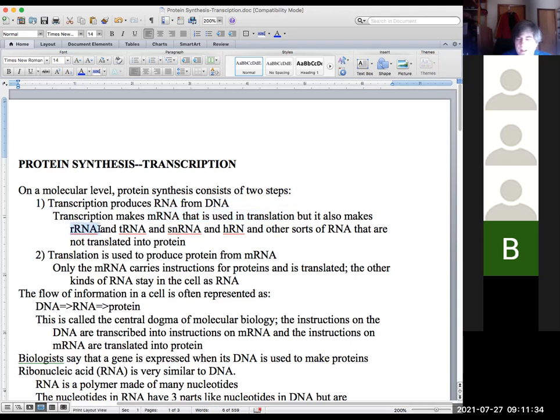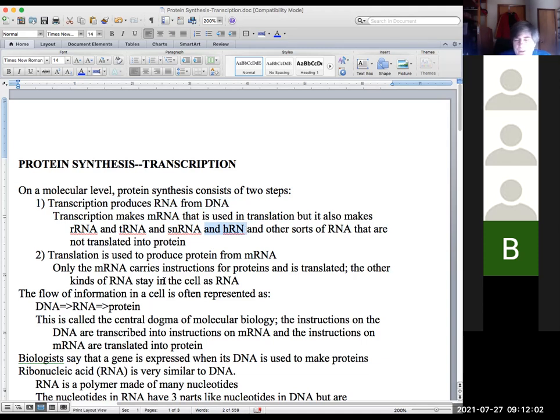So there's also rRNA in a cell, which is ribosomal RNA, and tRNA, which is transfer RNA, and snRNA, which is small nuclear RNA, and hRNA, which is heterogeneous RNA. If we take DNA and use it to make RNA, that's transcription.